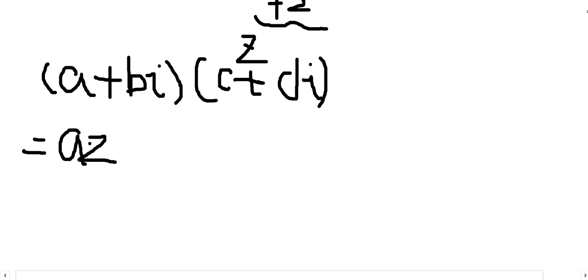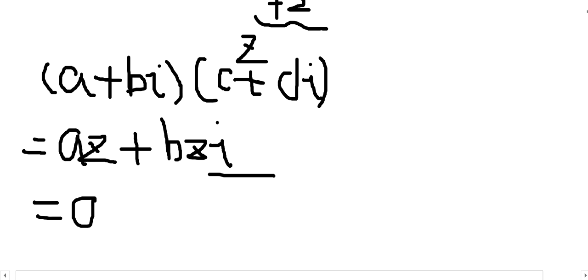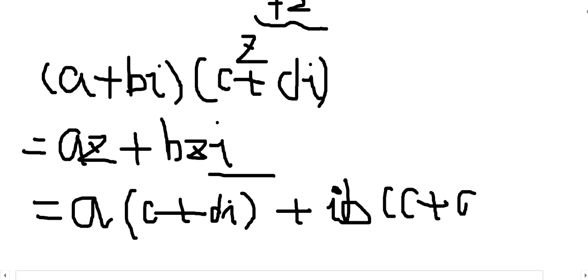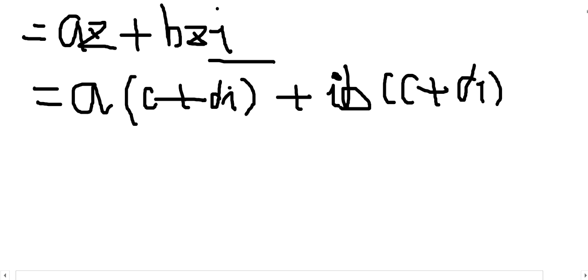We know how to multiply a real number times a complex number, so we just do it. bzi, don't forget the i here, and plug the value in, c plus di. Plus bi, I put i in front so that I won't forget to take it into the calculation, plus ac.